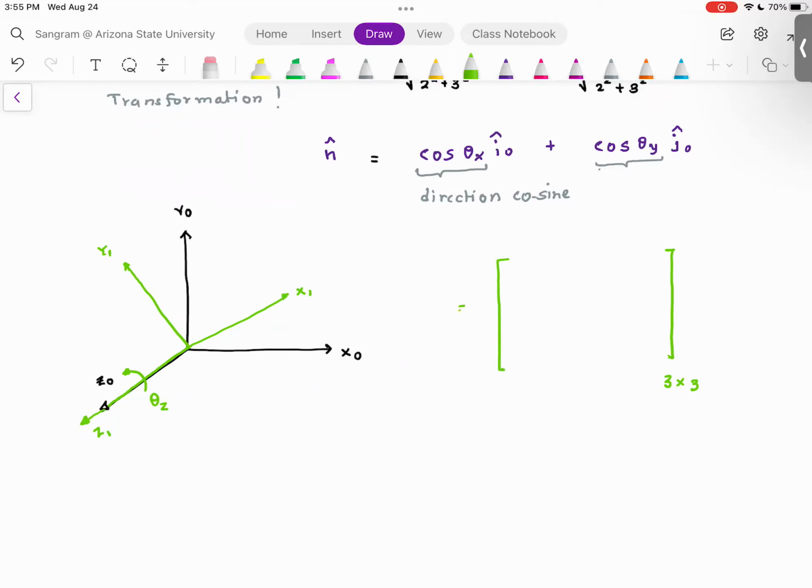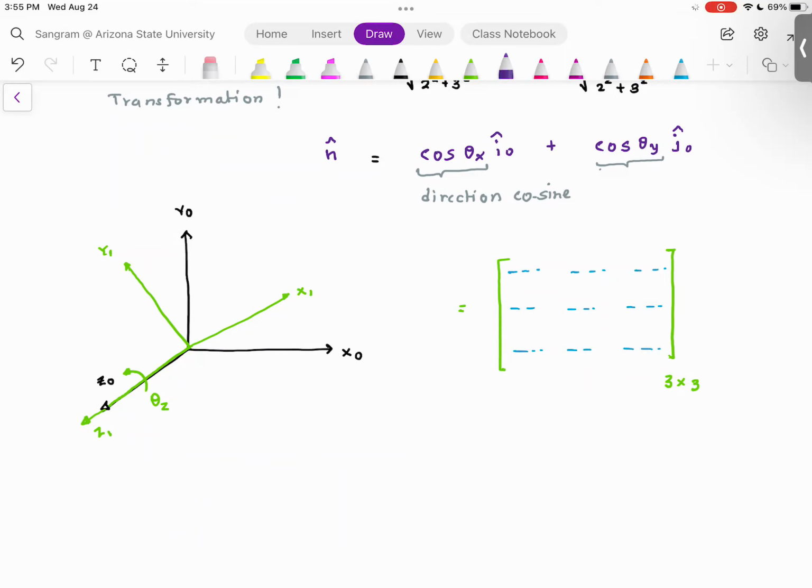But what I want to do is give you a very simple technique. So this has 9 blanks. 1, 2, 3, 4, 5, 6, 7, 8, 9.